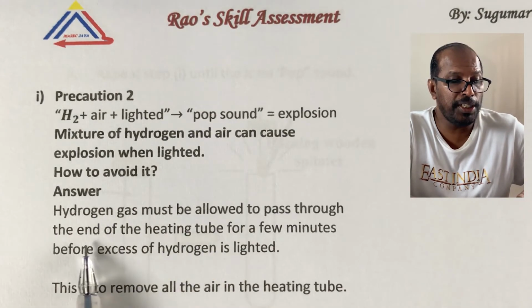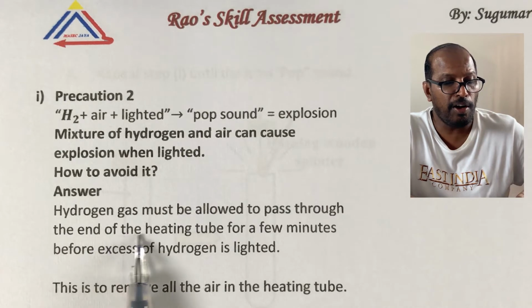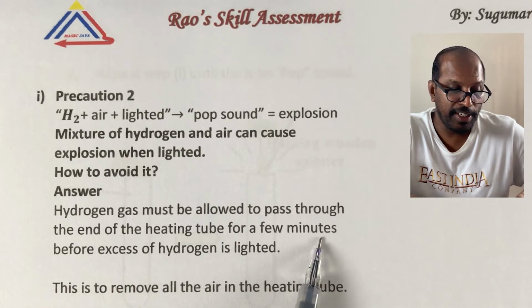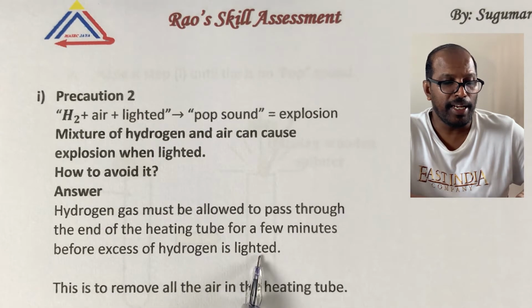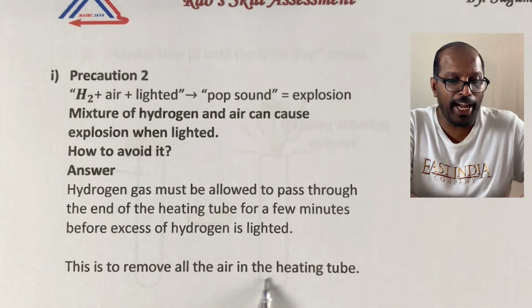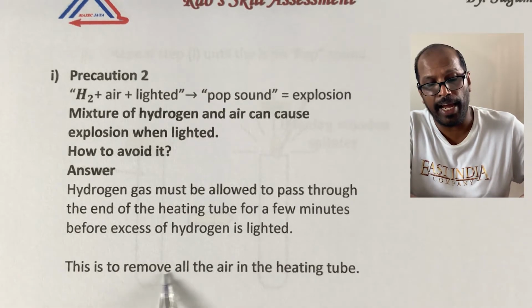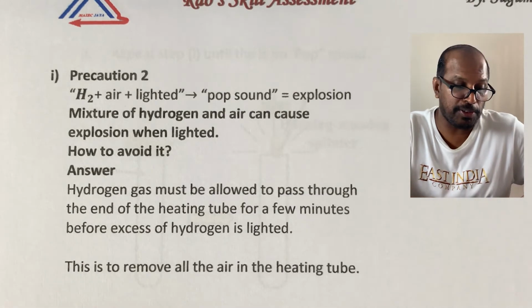So the hydrogen gas must be allowed to pass through the end of the heating tube for a few minutes, and only then is the excess hydrogen lighted up. This is done to remove all the air inside the heating tube. All the air in the heating tube will be removed by allowing the hydrogen to pass through.